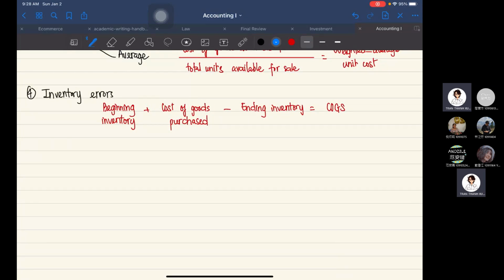So what if we understate the beginning inventory? What would happen to cost of goods sold? Let's follow this formula.